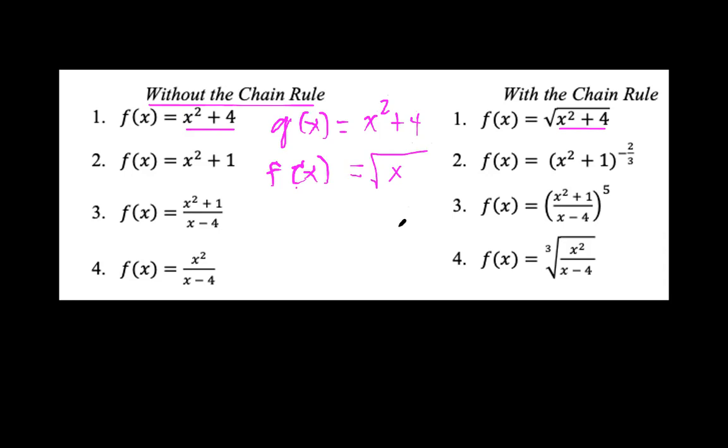We could write it in the form of a composite function expression. So this becomes f of g of x is equal to the square root of x squared plus 4. This is only for example number 1.